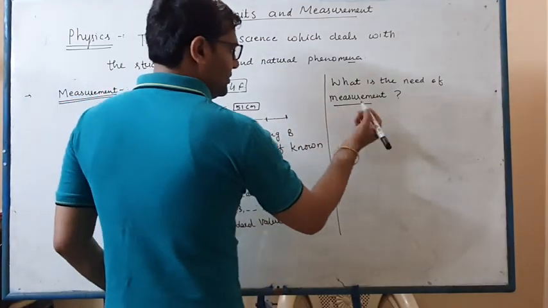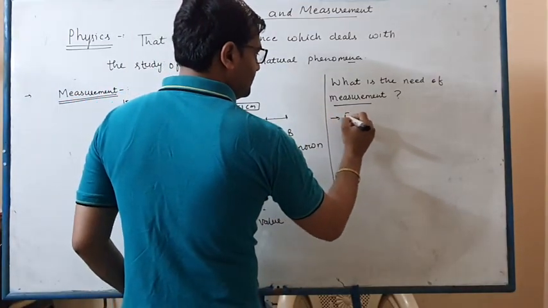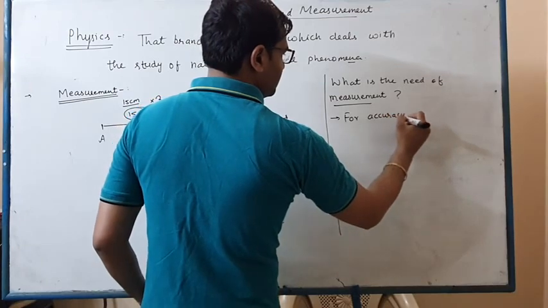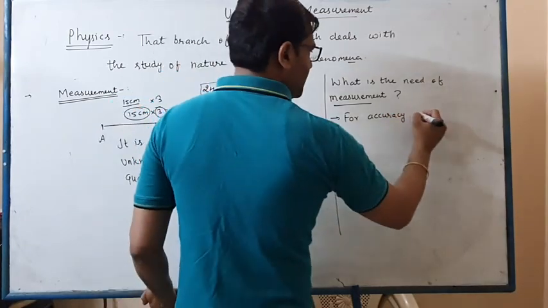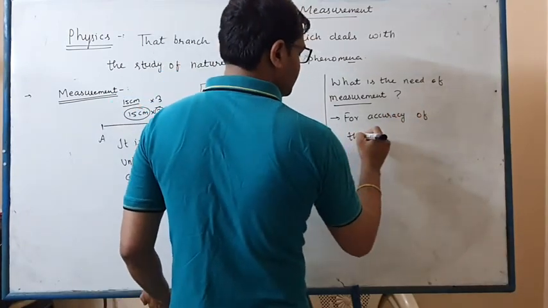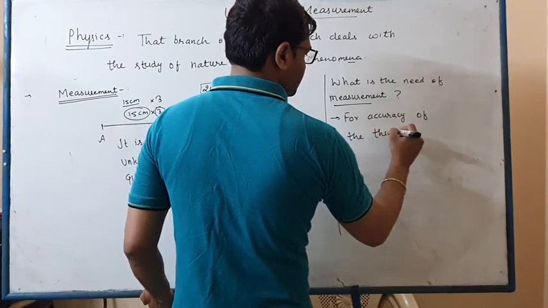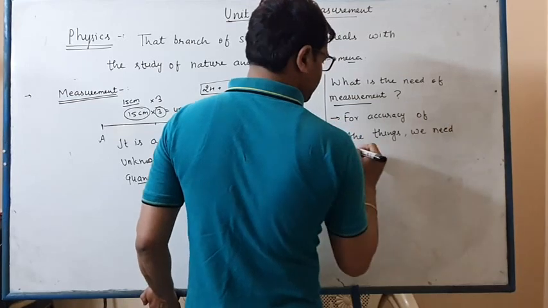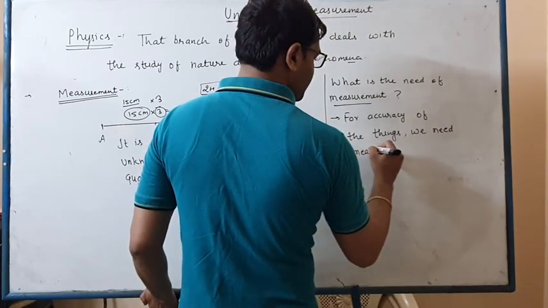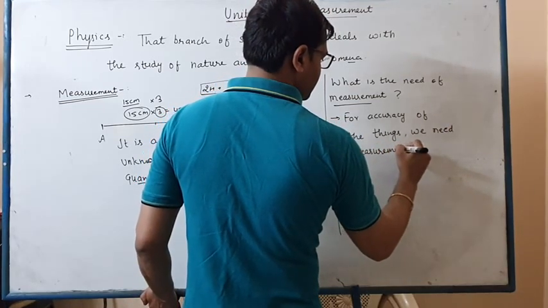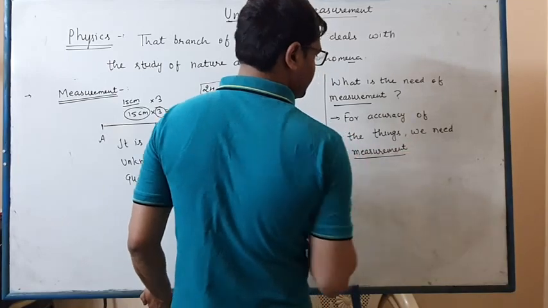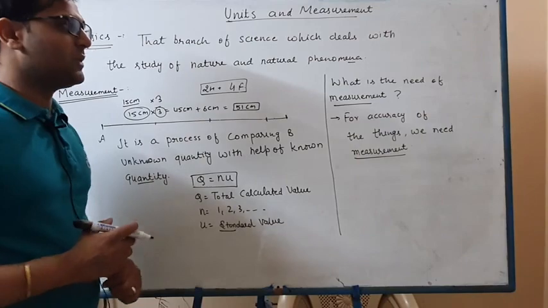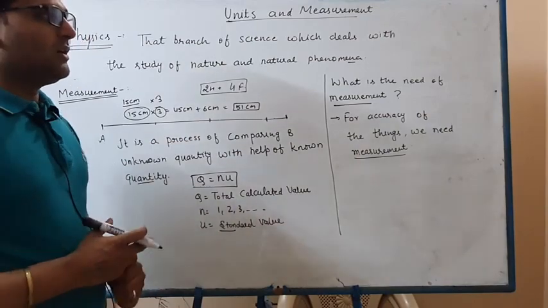For accuracy of the things, we need measurement. Right? This is the reason. So the need of measurement is accuracy.